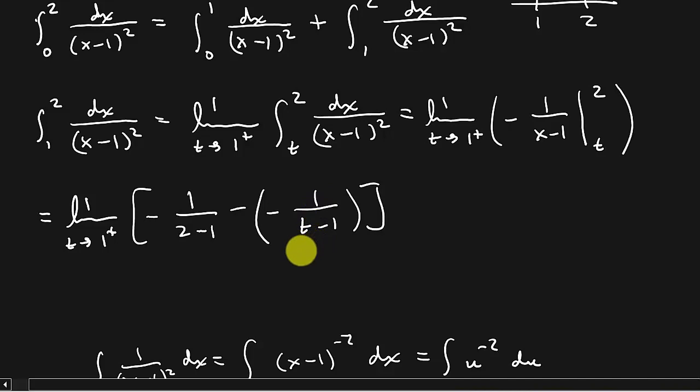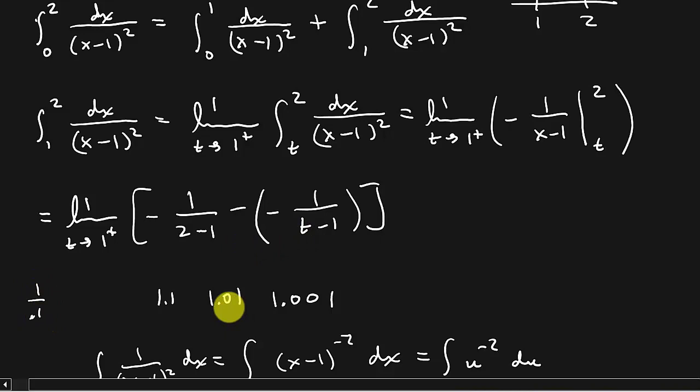Now, look at this. I'm coming to 1 from the right-hand side, so I would be plugging in numbers like 1.1, 1.01, 1.001, and so on. As I get closer and closer to 1 from the right, the numerator just stays at 1. But look at the denominator. If I plug in 1.1, I get 1 over 0.1.